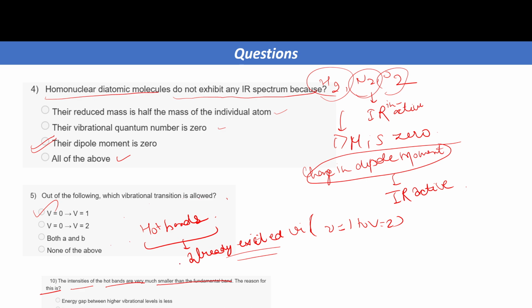And we know, according to the Boltzmann distribution, if a molecule lies in a higher vibrational level, the population is smaller compared with the ground. The population of higher vibration level is smaller than the fundamental level. That's why the intensities of the hot bands are smaller, according to the Boltzmann distribution.